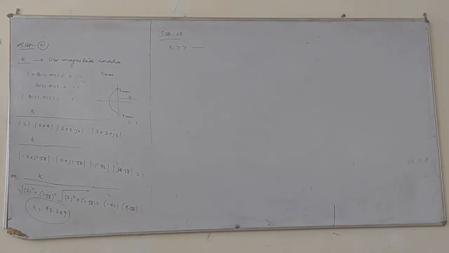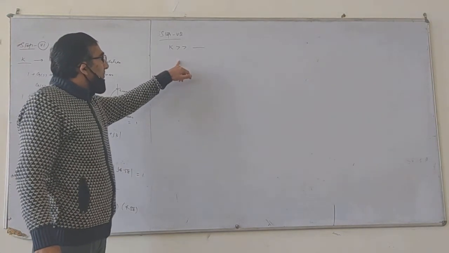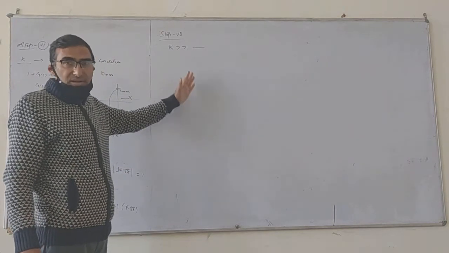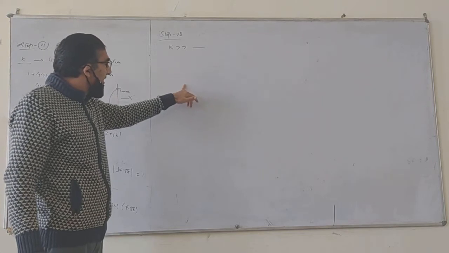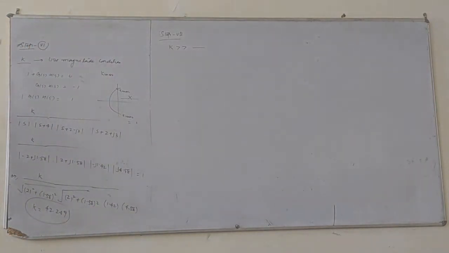This is normal. Then how do we approximate that branch? While constructing the root locus, every branch we approximate with the help of asymptotes or asymptotic lines.